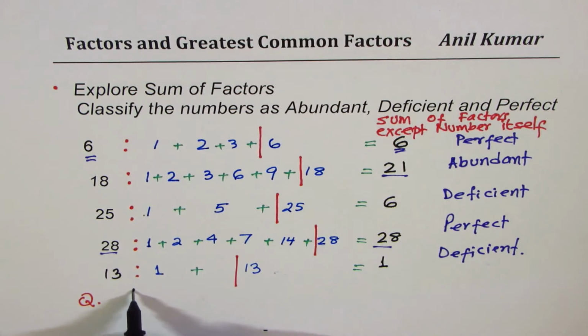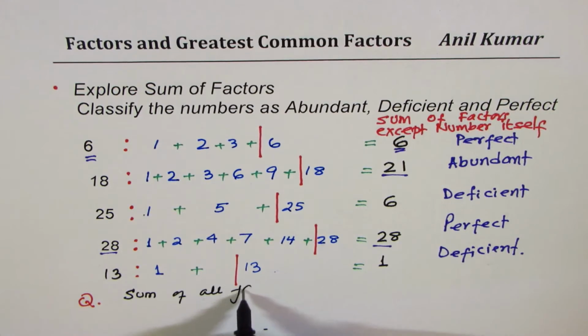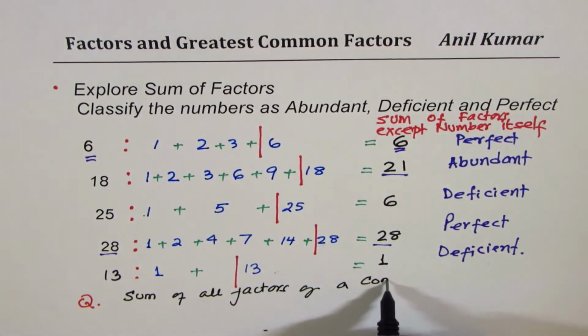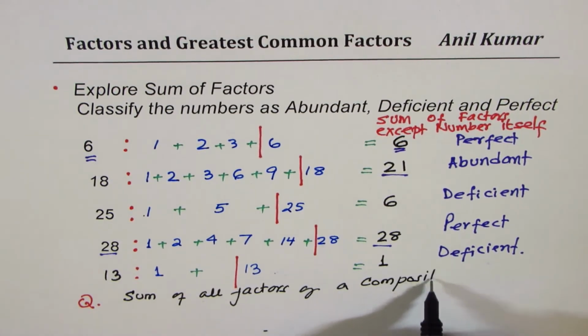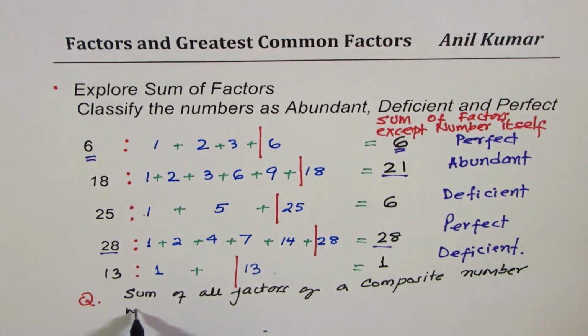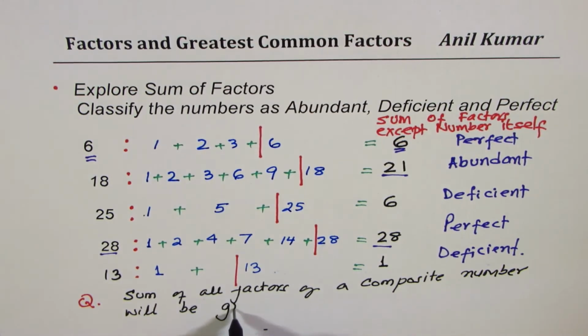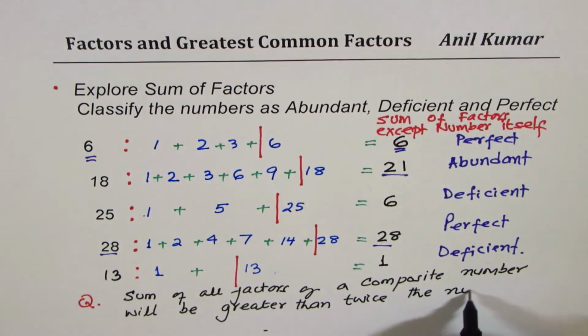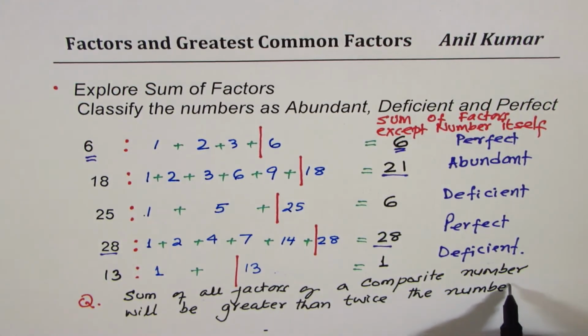So we can say the sum of all factors of a composite number will be greater than twice the number, right? So twice the number.